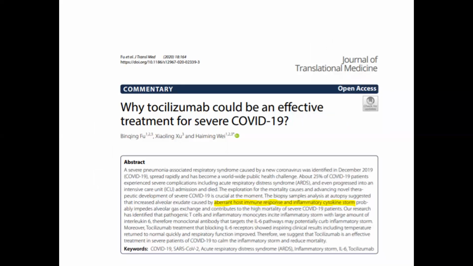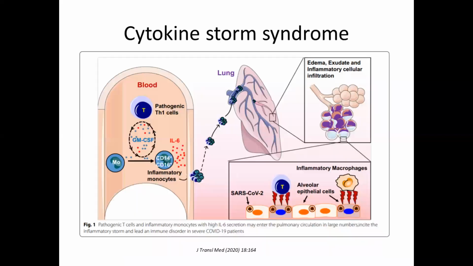In the cytokine storm, there is an aberrant host immune response and inflammatory reaction, and so the interleukin-6 antagonist tocilizumab has been a useful agent that has been tried in this condition, and it works because inflammation is mediated by pathogenic T cells and monocytes that cause inflammatory response in the alveoli, and probably also induce a coagulopathy.